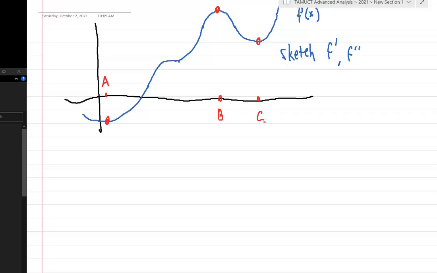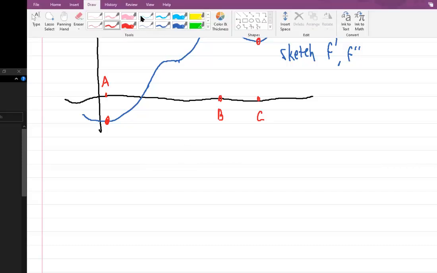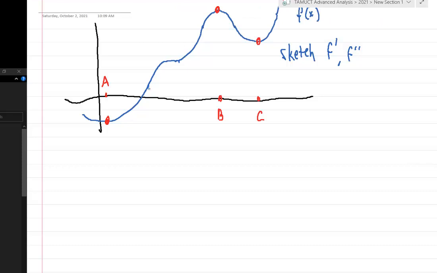Now the other important quantity is the points of inflection. That's when the concavity changes. So you should be able to identify points of inflection. There's one here. It may not necessarily be on the axis, but it's close. Here it's concave up, and here it's concave down.